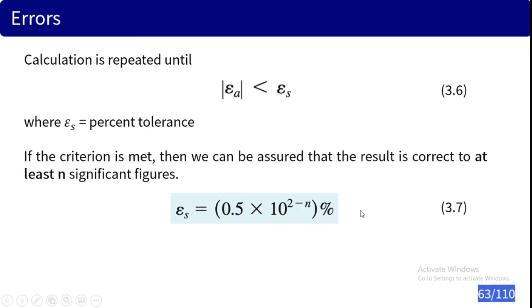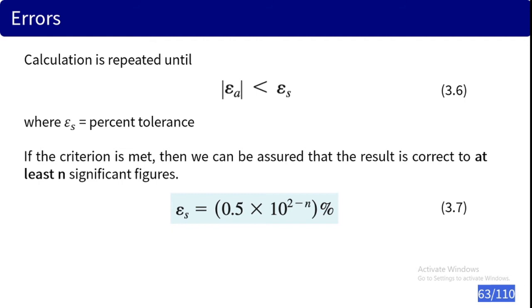So here comes into play how many significant figures are allowable or tolerated in our computation. Hence the equation 3.7. This is the formula we use to determine the tolerable error.